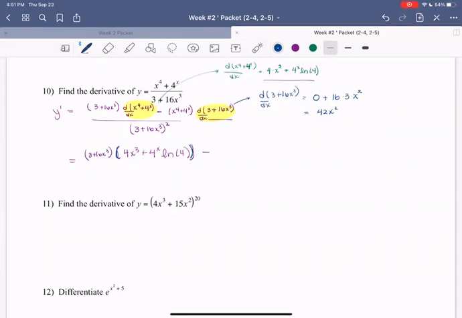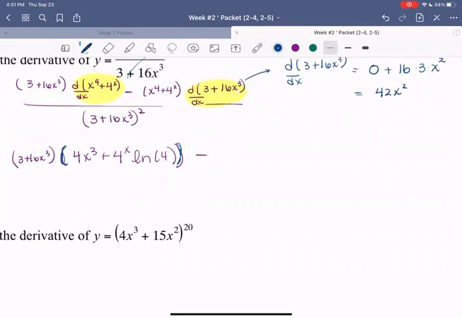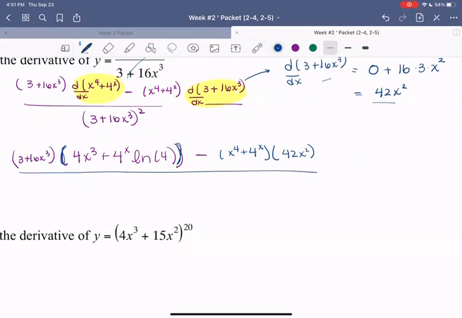It's really important to use a lot of parentheses to make sure your work is clean and all of the products that you want to compute are together. Now times x to the fourth plus 4 to the x, times the derivative we just computed, which was 48x squared, all over 3 plus 16x cubed, squared.